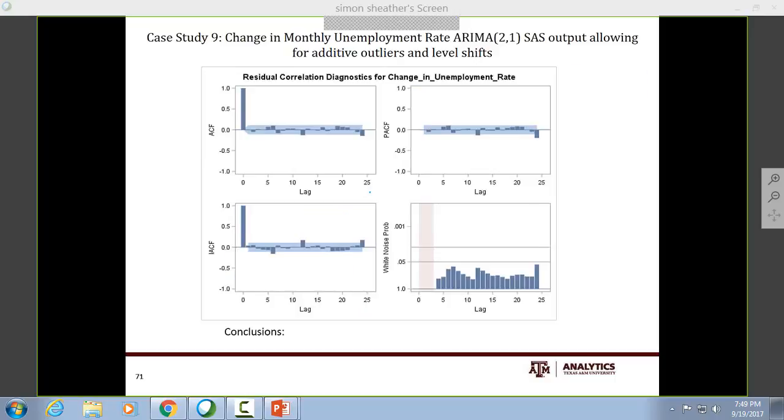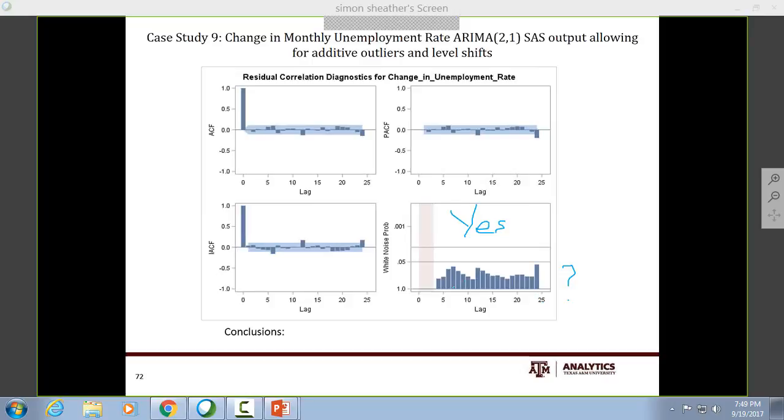Is it valid? Yep, it passes the validity test. It's a little bit concerning that we're getting these spikes. Well, it passes. Does it pass? Yes. Am I happy with this pattern? The answer is not exactly, right?